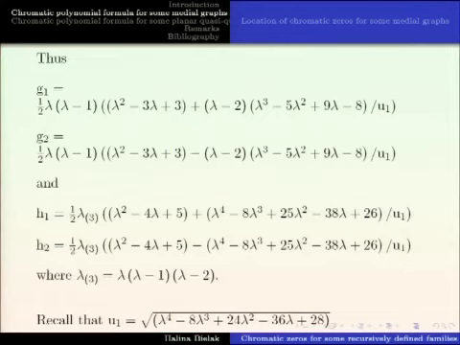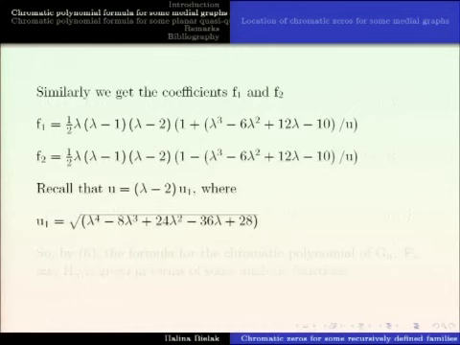And so we get this as follows. Recall that U is here, and this symbol denotes the following polynomial. And the same we can do for the coefficients F sub 1 and F sub 2.